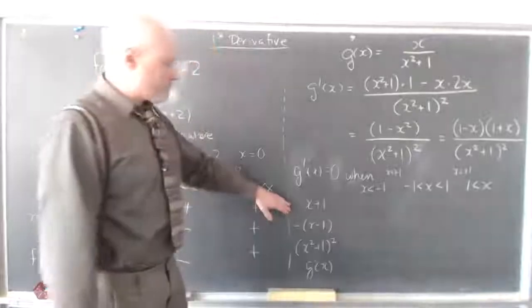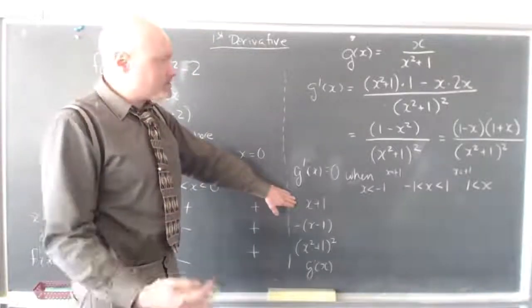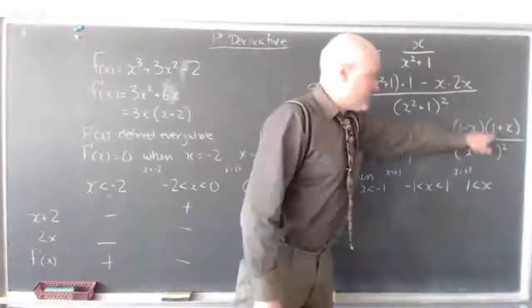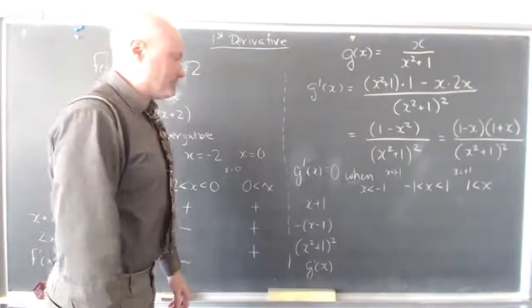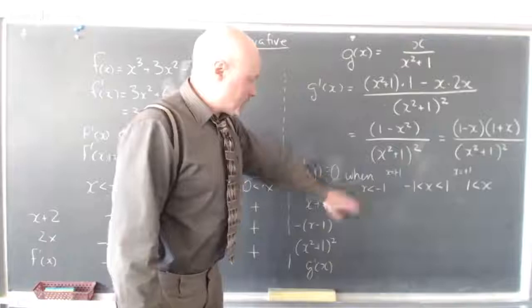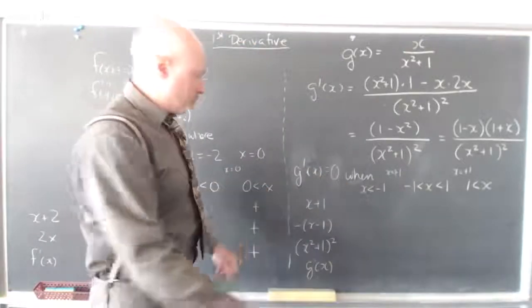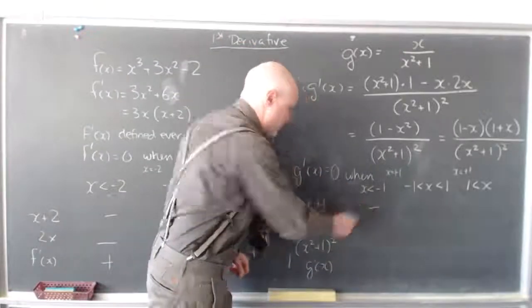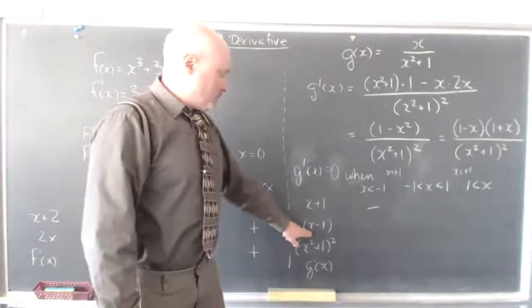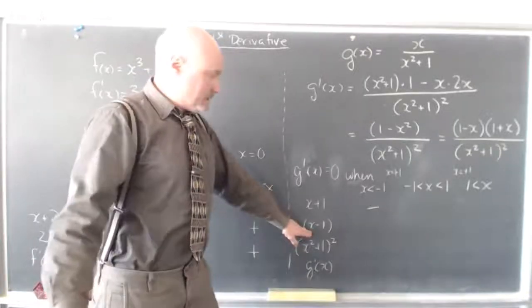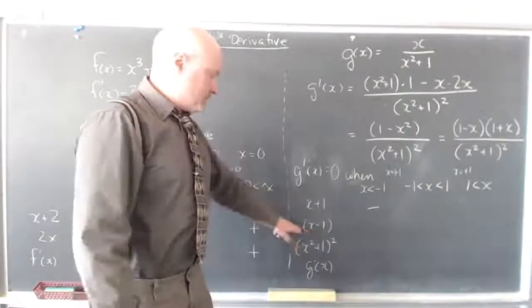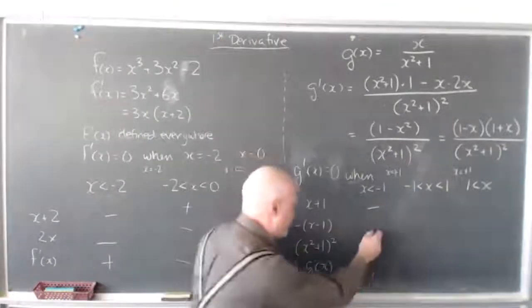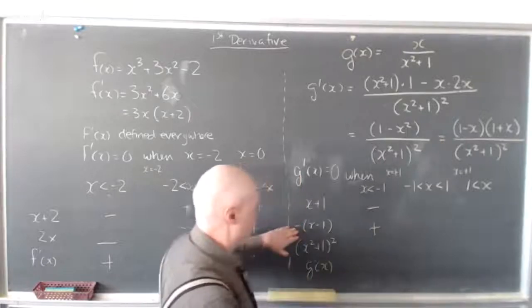Okay, so I can put some test values into each of these factors, and I've included the bottom one, even though I don't really have to do that. So when x is less than negative 1, like negative 2, for example, this factor, 1 minus x, is positive, and this factor, 1 plus x, is negative. Tricky devil.